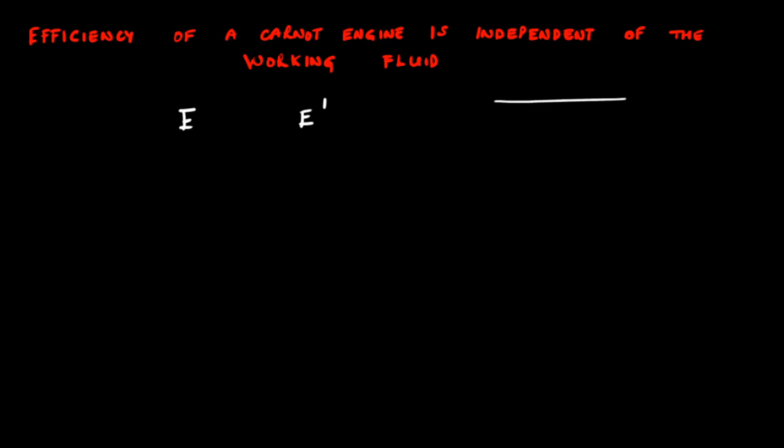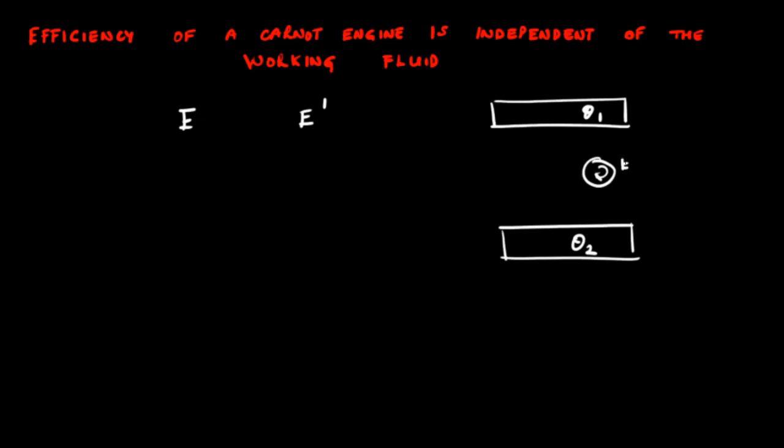So let's say you have this thermal reservoir at high temperature and you have another thermal reservoir at low temperature. Then we have this engine E that takes in heat Q1 from the high temperature reservoir and rejects heat Q2 to a low temperature reservoir and does some work.